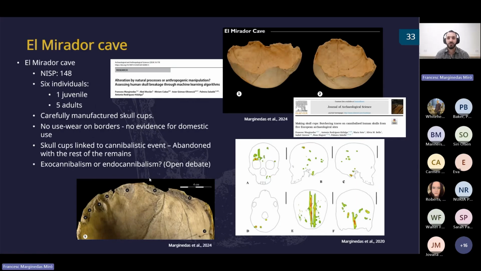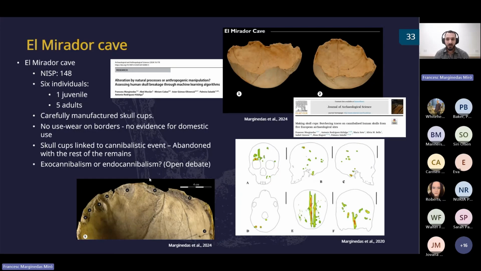Perhaps the most striking aspect of this assemblage is not only its relatively recent chronology, but also the preservation of 6 skull caps. The human assemblage comprises 148 bones, representing a minimum of 6 individuals, 5 adults and 1 juvenile.